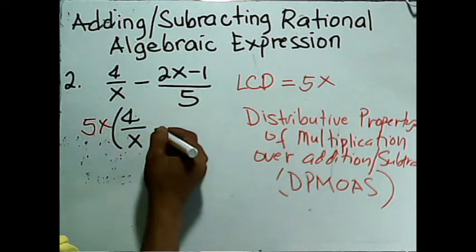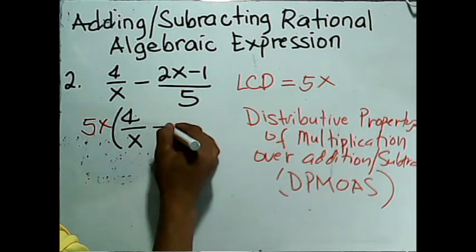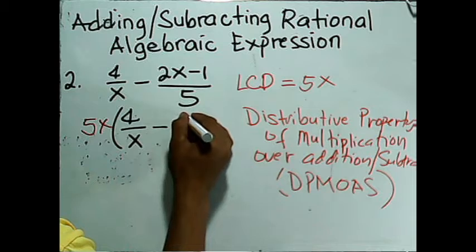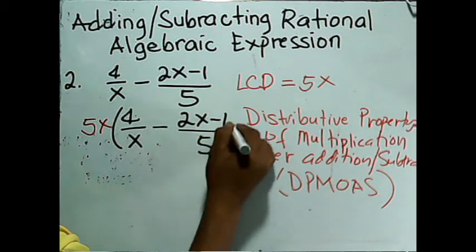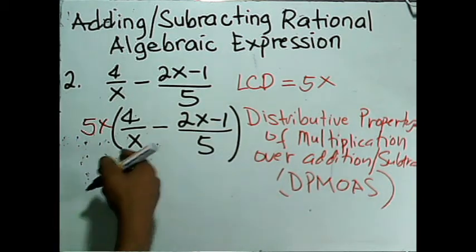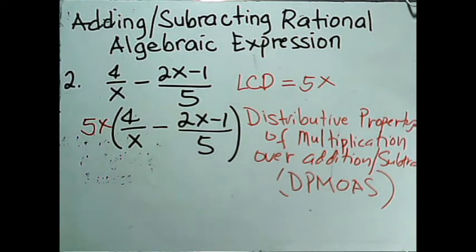So 5x times 4 over x minus 2x minus 1 all over 5. Then we apply the distributive property of multiplication.